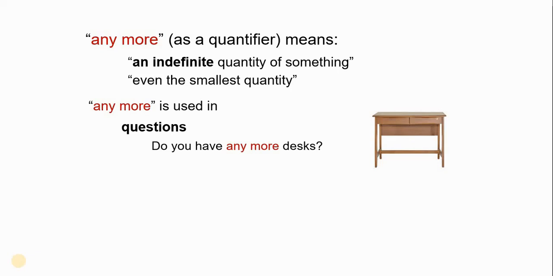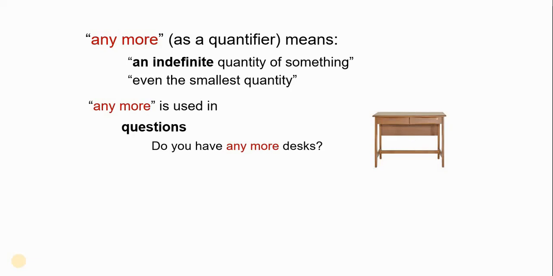So this means, do you have even the smallest quantity of something? So do you have even one more desk? Even one more desk, one extra desk. And since it is an indefinite quantity, maybe we need 2, 3, 5, 1,000. We don't know. We haven't specified it.